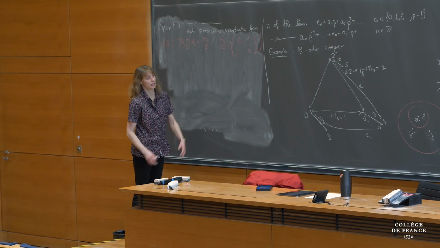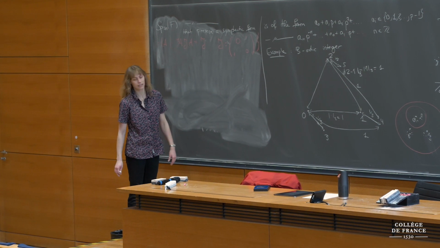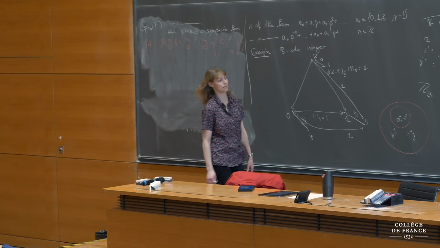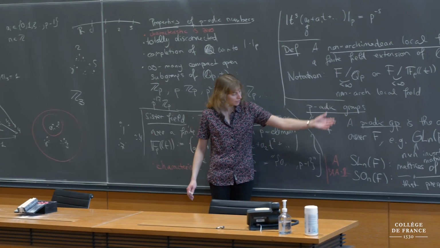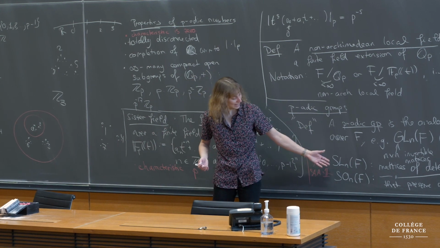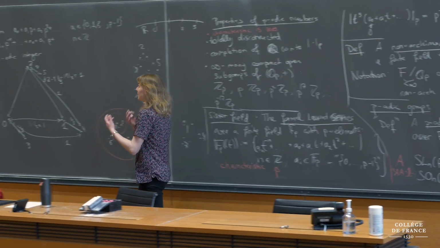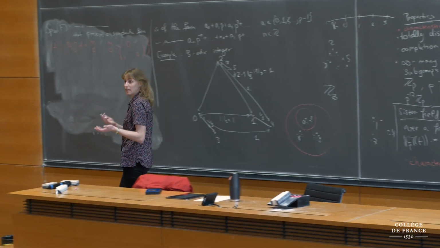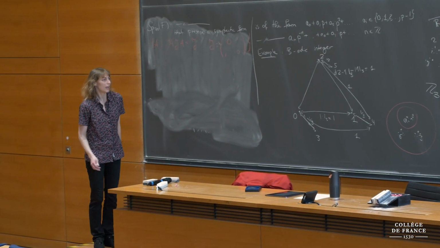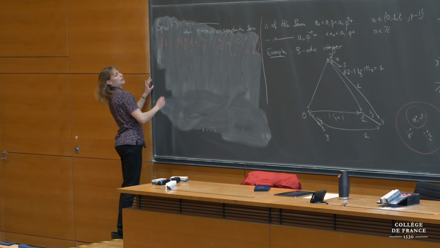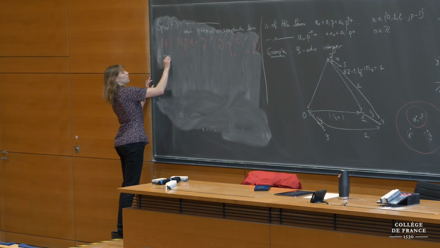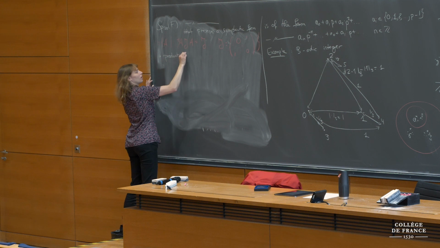So if you haven't seen p-adic groups before, really the best thing is to think of one of these examples. Think of GL_n, SL_n, SO_n, and SP_2n, and ideally all together. These are just nice subgroups of GL_n. There are two more things I want to say. Another example is you take products of the groups above.